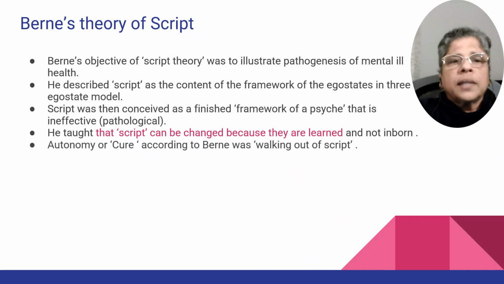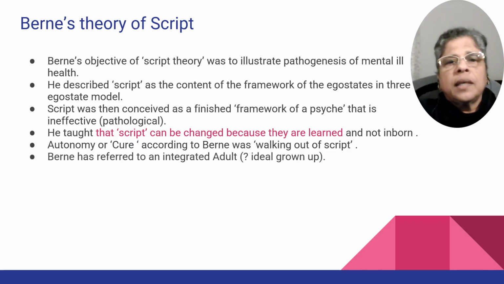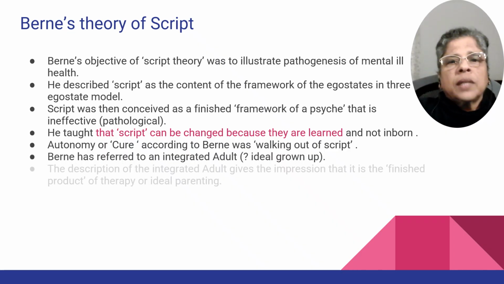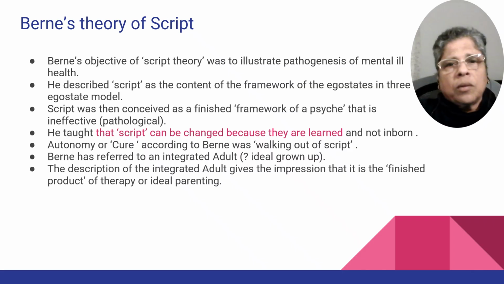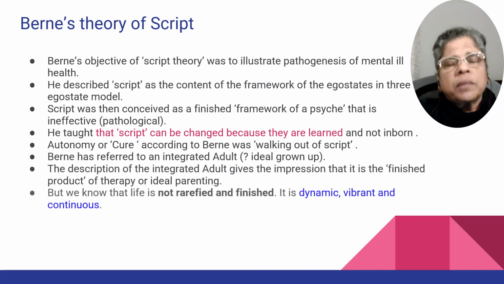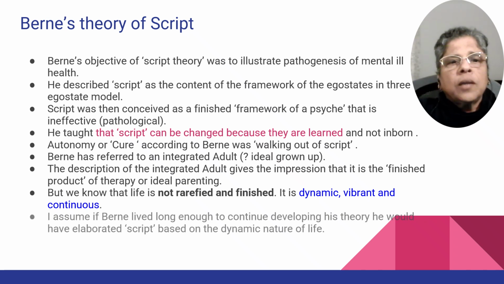Script was at that time conceived as a finished framework of the psyche that is ineffective or pathological. It's because basically it was made in observation from patients. He taught that script can be changed because they are learned and not inborn. So autonomy or cure, according to Berne, was walking out of script.